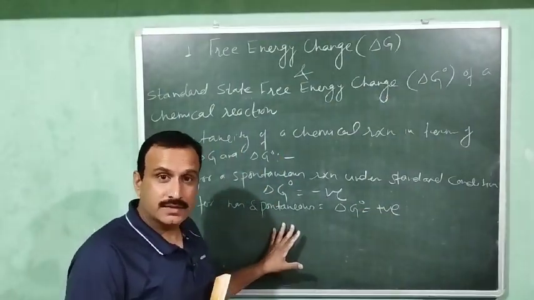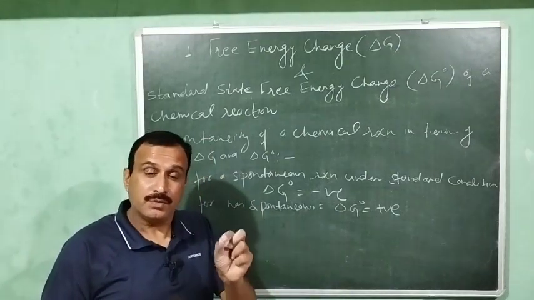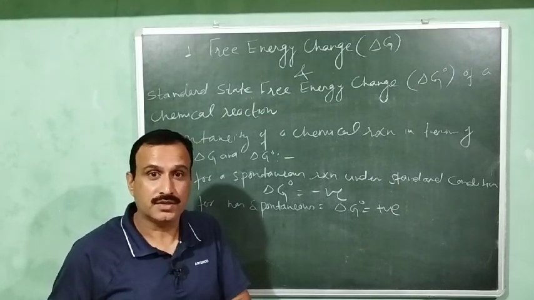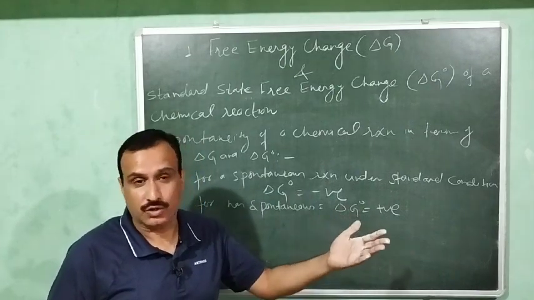But it will tell us only the spontaneity under standard conditions, and it doesn't mean that if a reaction is spontaneous under standard conditions, it will be spontaneous at some other condition also.